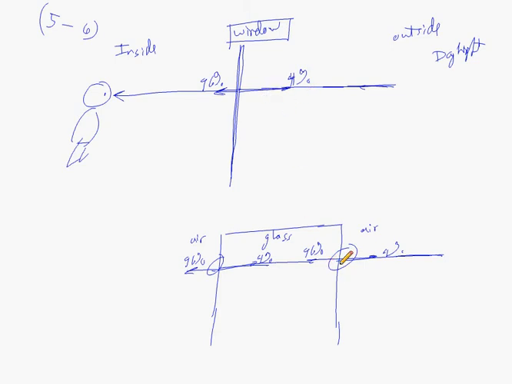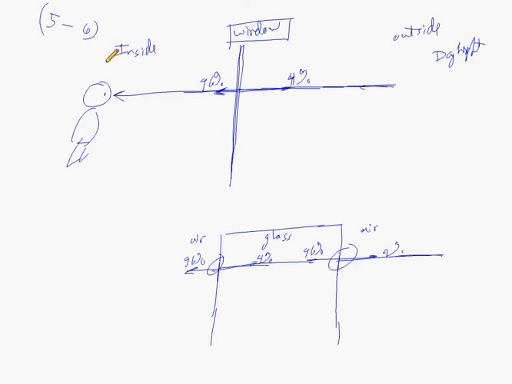But in reality, you do get a reflection back on the front surface and the back surface also. Now, so this explains why you can see the outside light, because the light gets transmitted. Most of the light will be transmitted through the windows to where you can see.